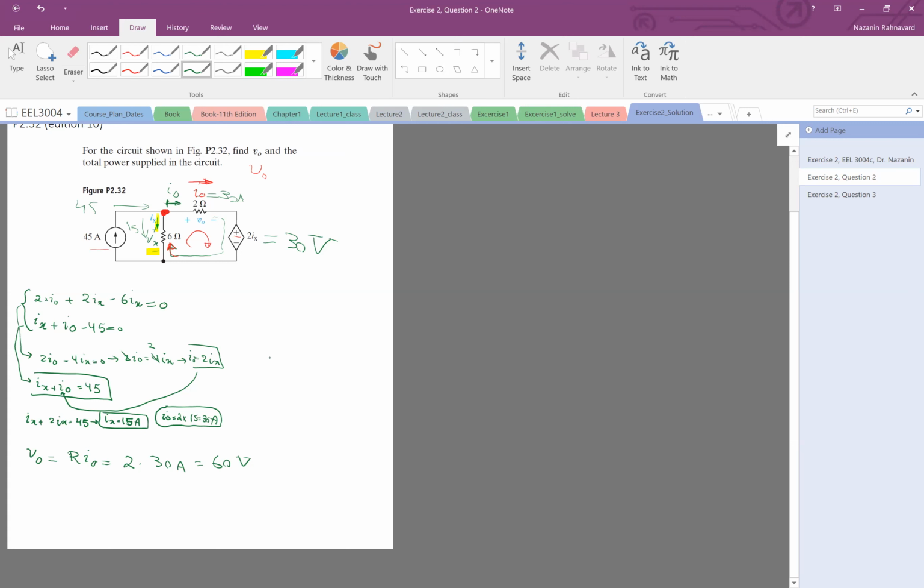So this is 30 volt. VO was 2 times IO, twice 30, so it's 60 volt here.